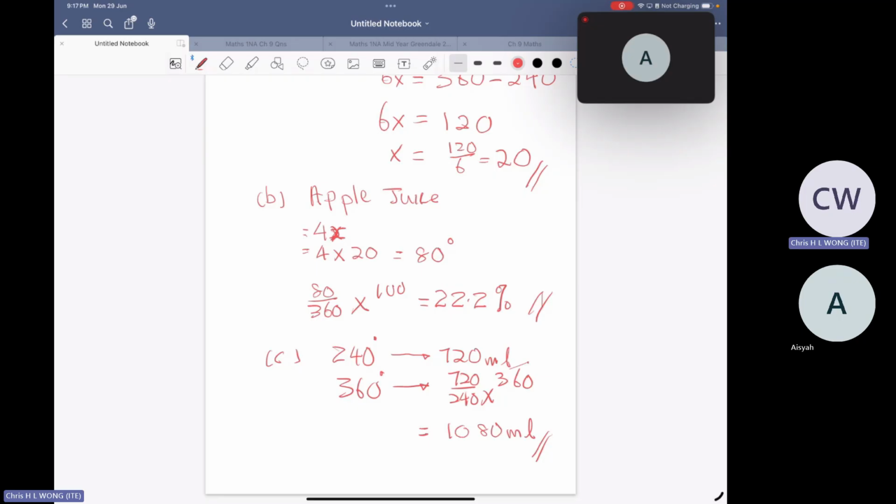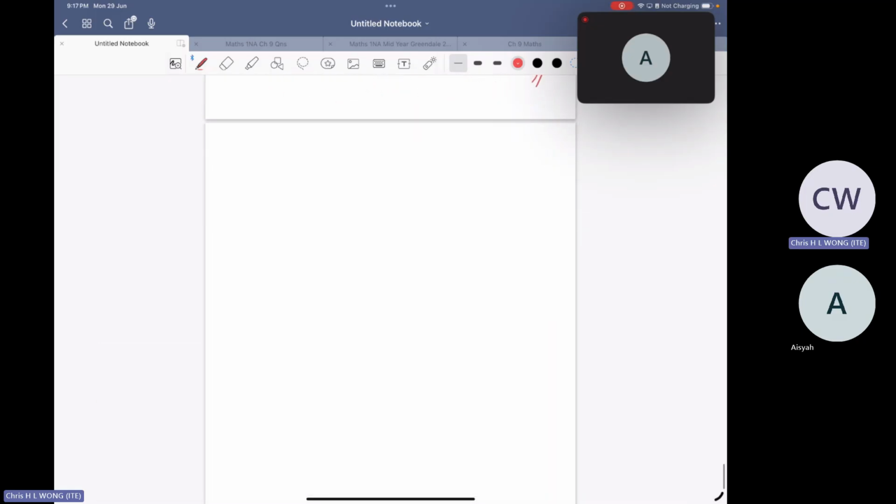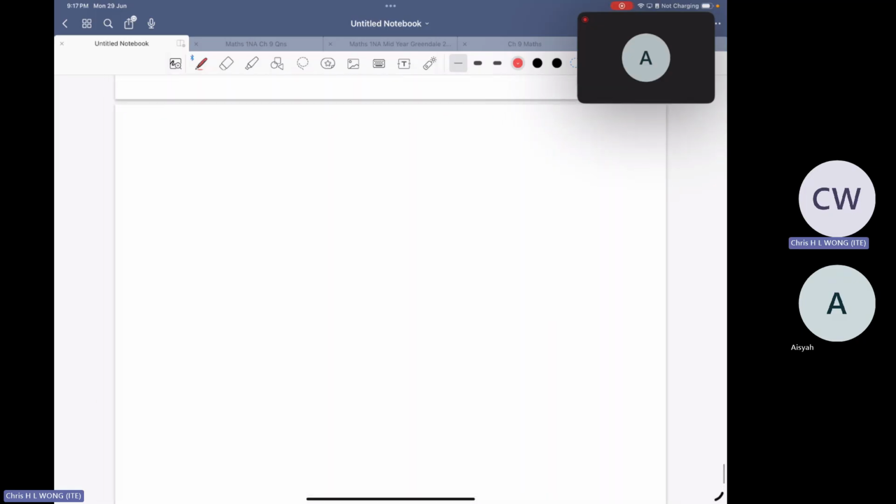Clothes is 1,200, 3 times on food, so equals 3 times $400. So she spent 1,200 on clothes.